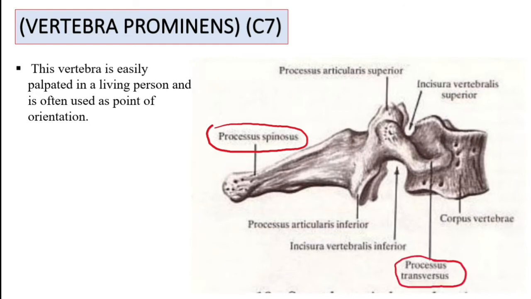Here you can see the transverse process, processus transversus, and the notches: incisura vertebralis superior and incisura vertebralis inferior. You can also see the articular processes, processus articularis inferior and processus articularis superior.